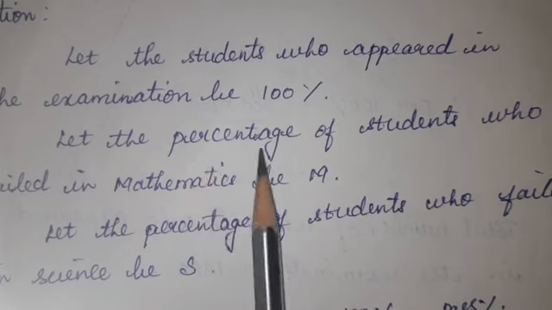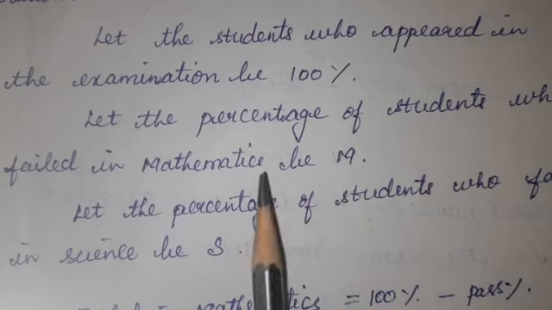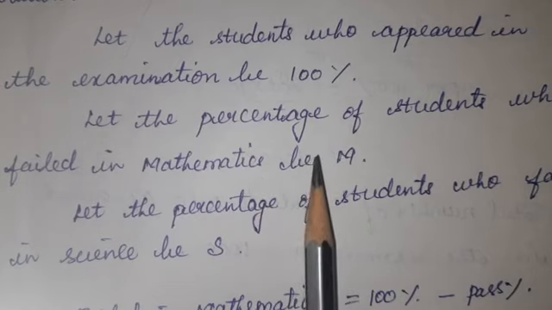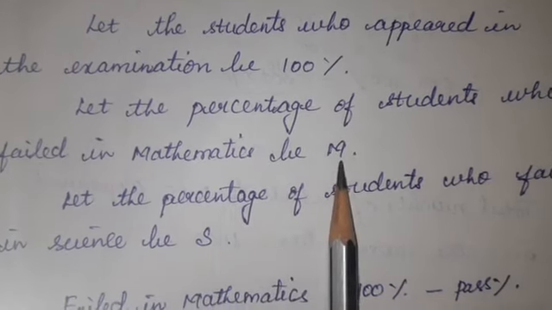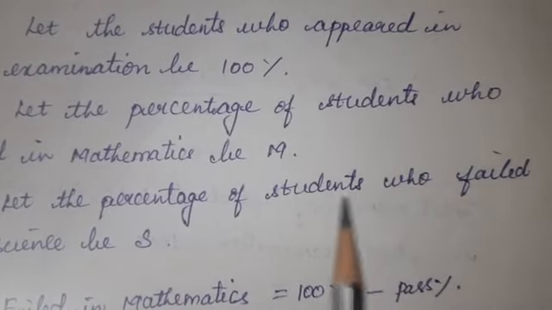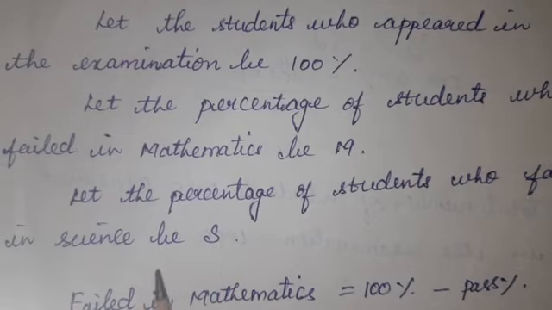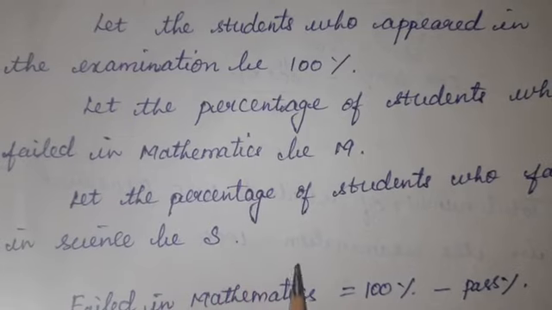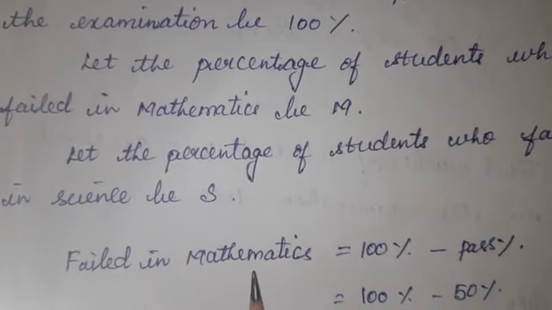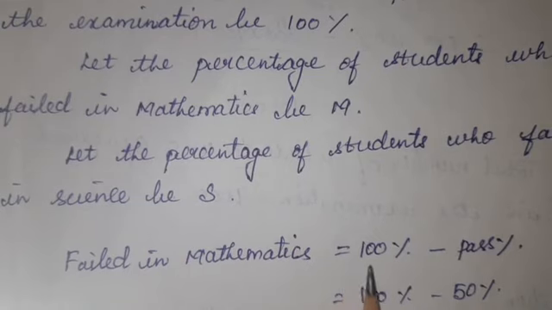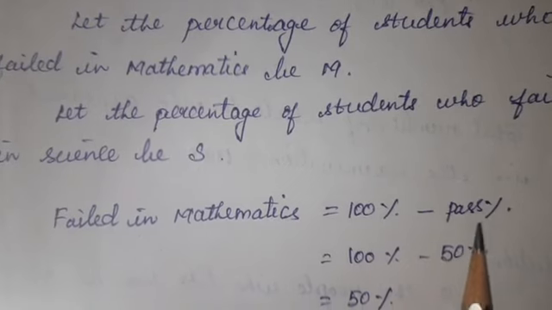Next, let the percentage of students who failed in mathematics be M. In our question they gave the pass percentage only for mathematics. Next, let the percentage of students who failed in science be X. In our question they gave the pass percentage in science as 70%. Next I am finding failed in mathematics is equal to total 100% minus the pass percentage given in the question.